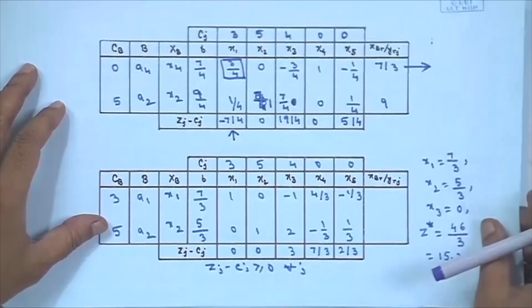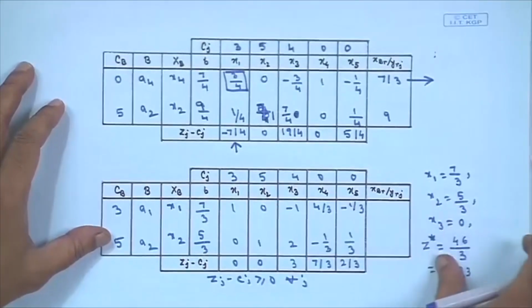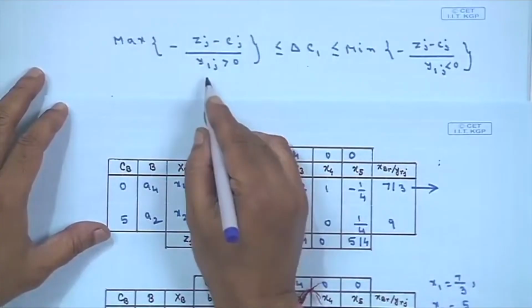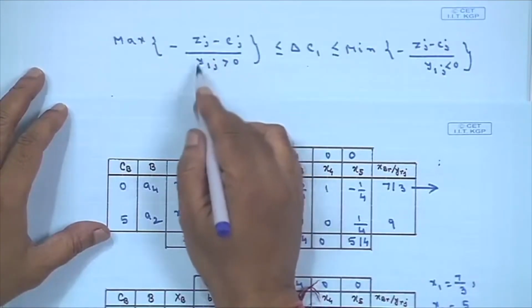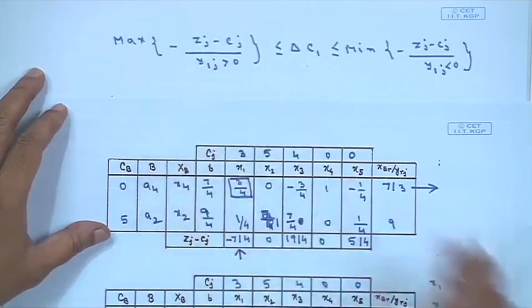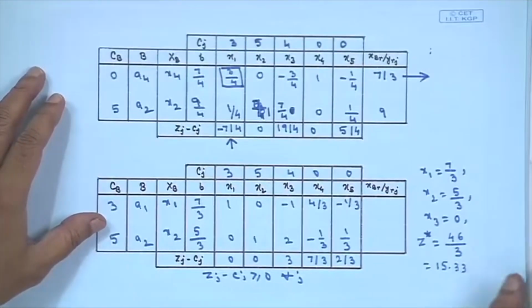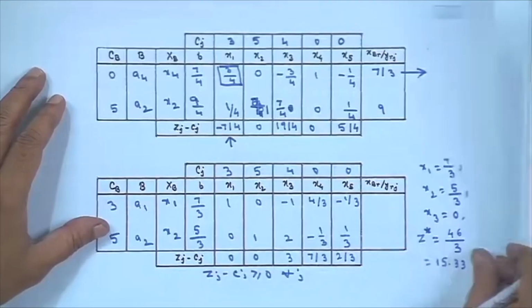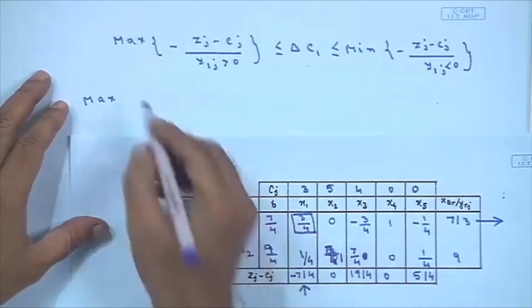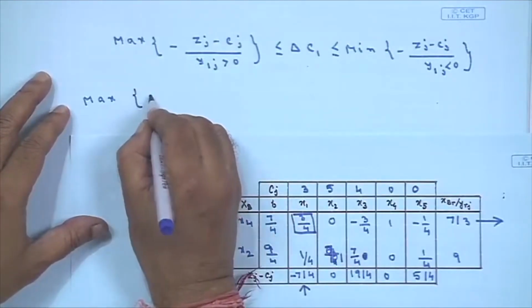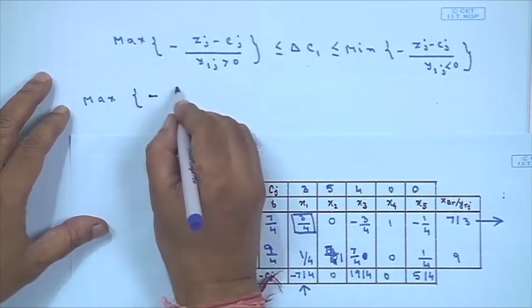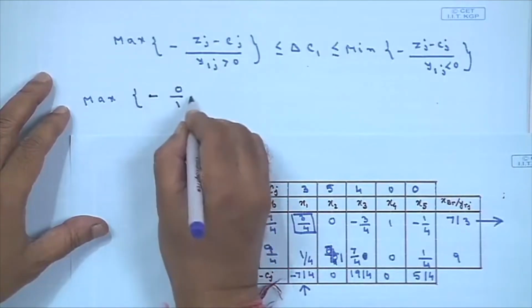So, therefore, zj minus cj, and for this case I will take only those for which y1j is greater than 0. So, therefore, the maximum is 0 divided by 1.